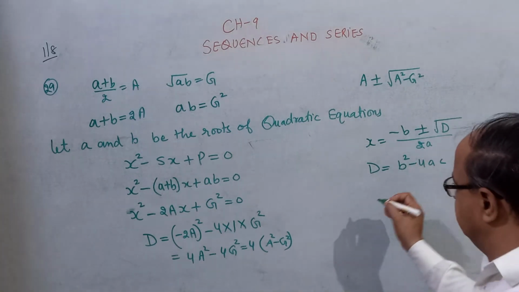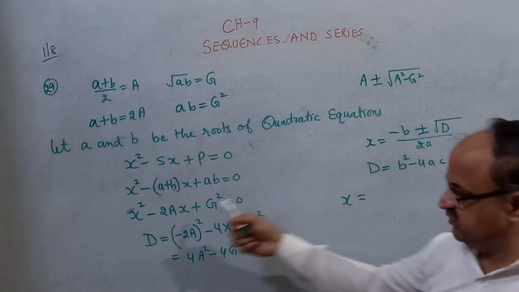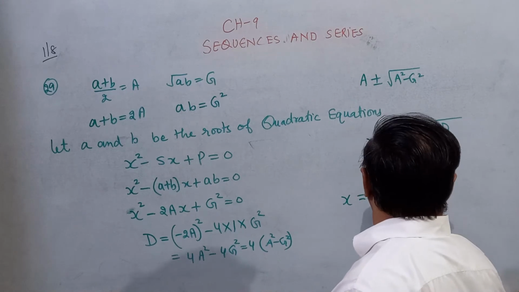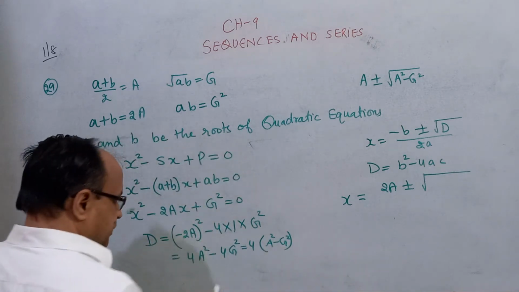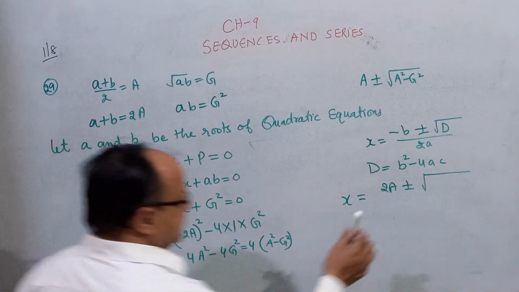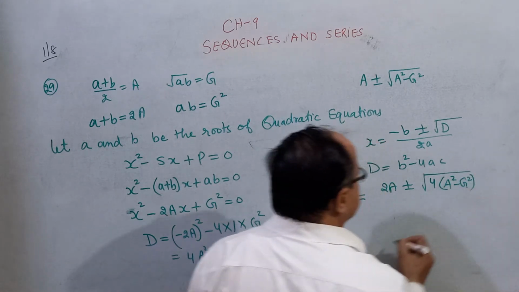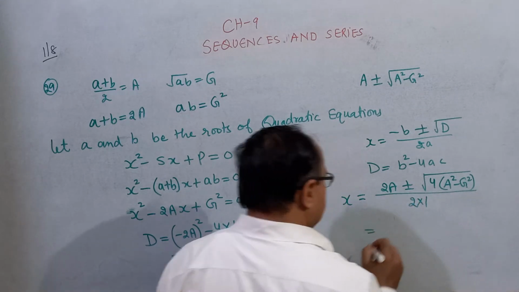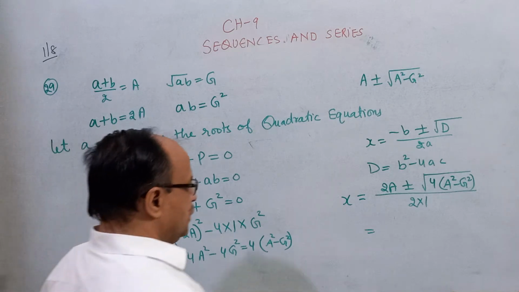And now put the values in this formula. Put the value of b, minus of minus 2A, that is 2A plus minus root D. This is the value of D, 4(A square minus G square), upon 2. Now you can take common 2 from the numerator.